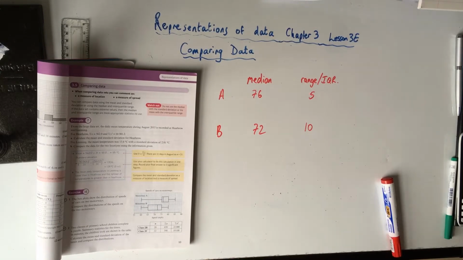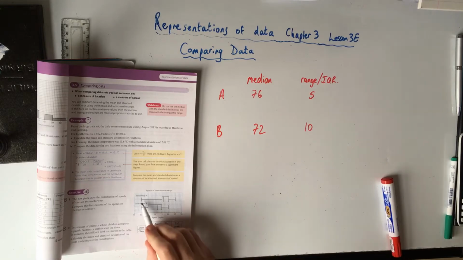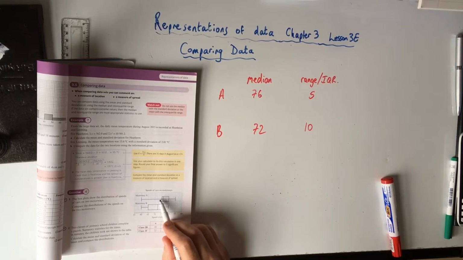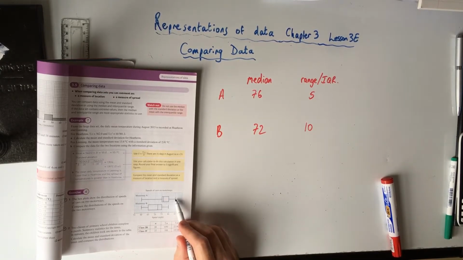However, the range, remember, is a little bit unreliable if you're gathering information about data, because this here could just be one car going this slow, and there may not be any other cars going anywhere near this slow. The next slowest car might be right up here, and this might be one going really fast.